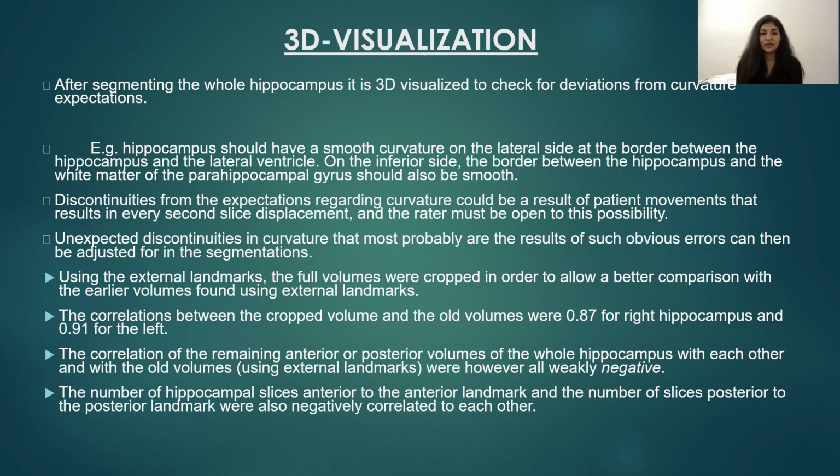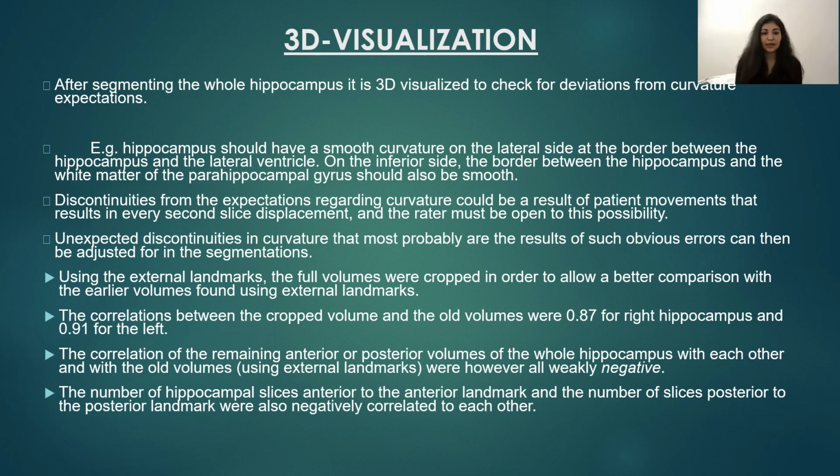Unexpected discontinuities in the curvature that most probably are the results of such obvious errors can then be adjusted for in the segmentations. Using the external landmarks, the full volumes were cropped in order to allow better comparison with the earlier volumes found using external landmarks. The correlation between the cropped volume and the old volume were 0.87 for right hippocampus and 0.91 for the left.